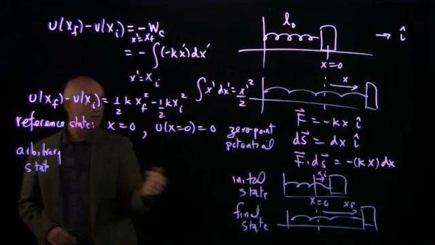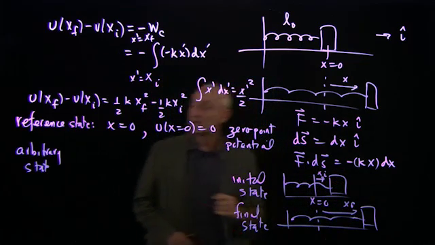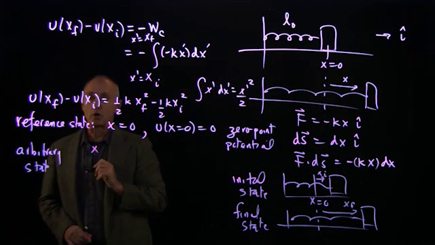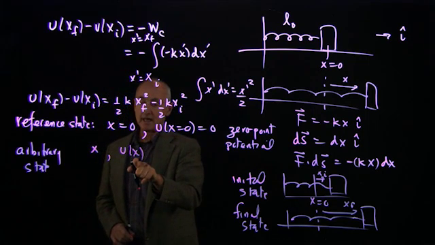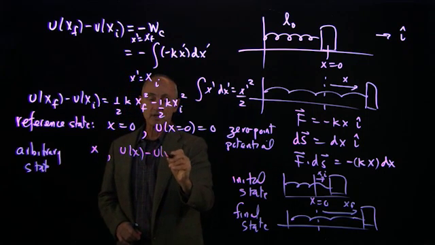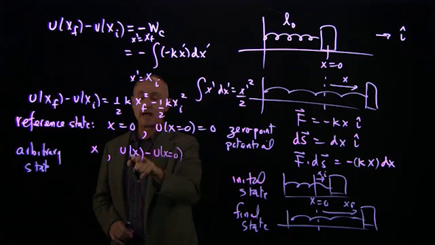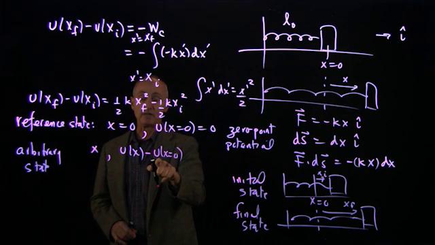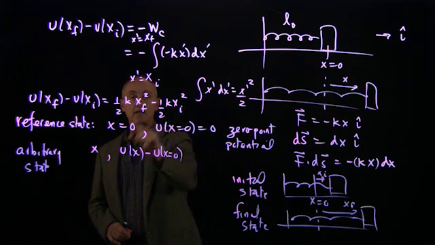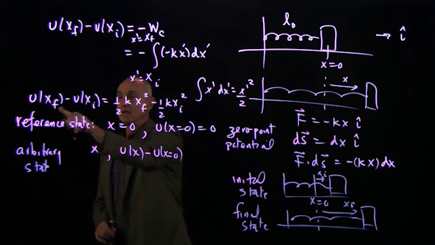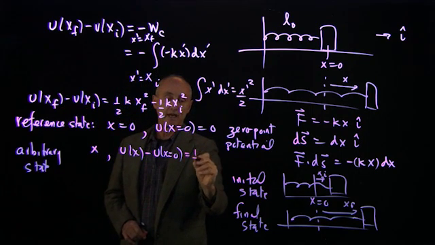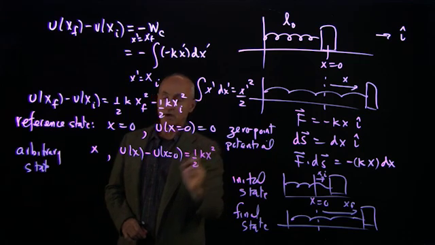Our arbitrary state will be at some arbitrary stretch or compression, and our potential energy function is the potential at that state minus the potential at the reference state. Well, if we set x initial equal to 0 and x final equal to x, as we have in this expression, we simply get one half k x squared.